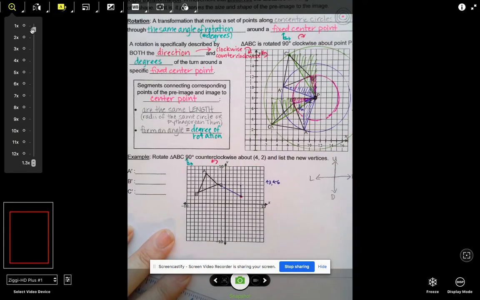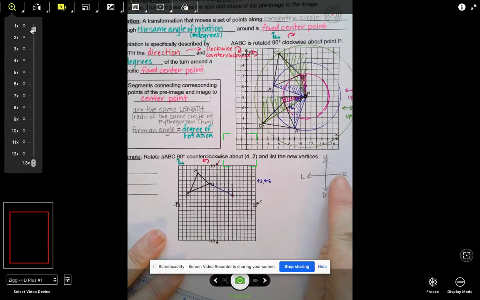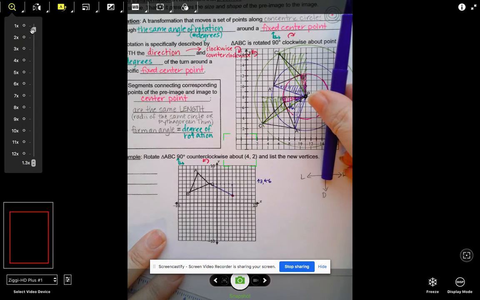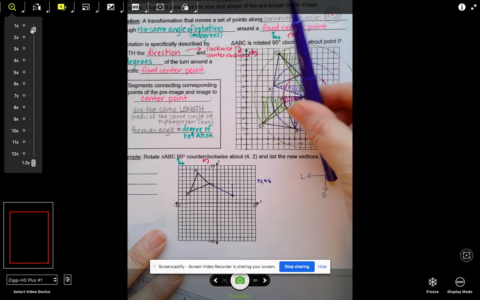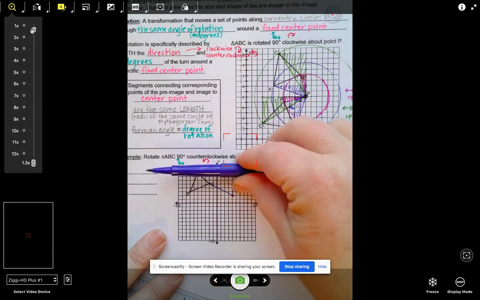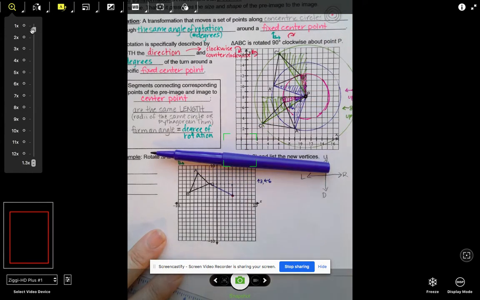Okay, again, now I'm going 90 degrees counterclockwise. So if I think of this turning, okay, I had an up 3. My up 3 is going to turn into, at that 90 degrees, left 3.